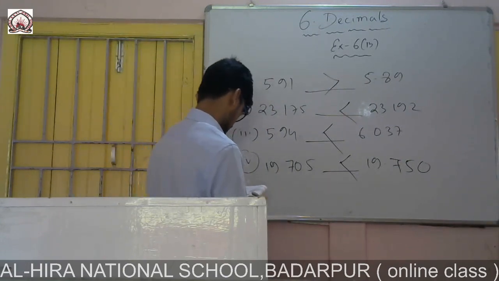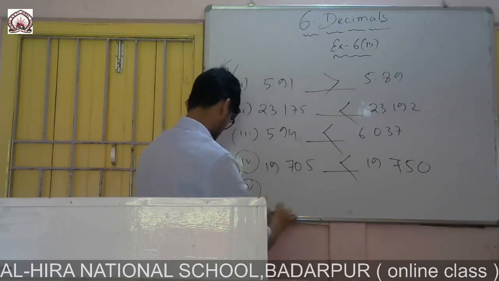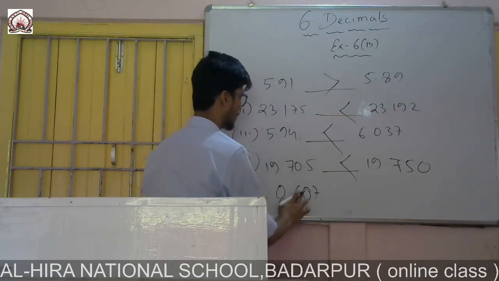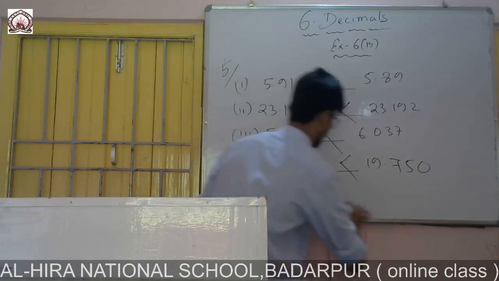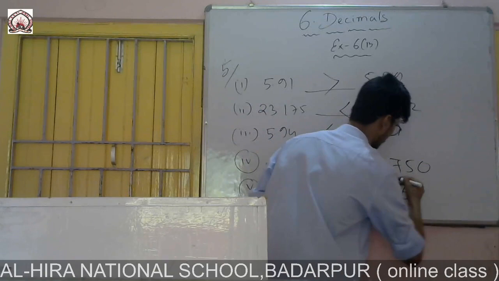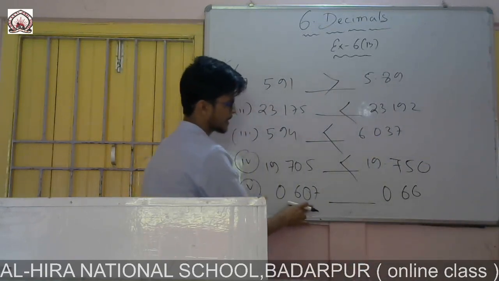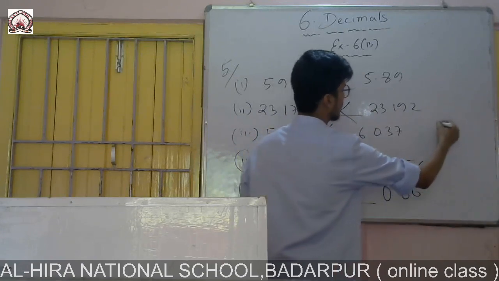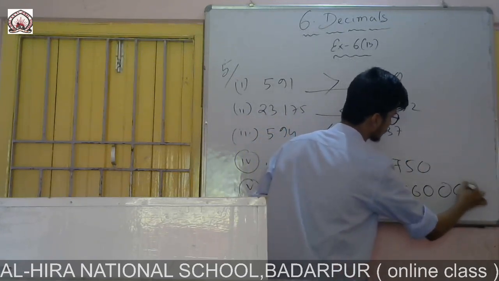Okay, then part 5, it is 0.607 and that side it is given 0.66. You see, there are how many places? 3 places and there are 2 places. So no need, after the decimal I can give 100 zeros also if needed.